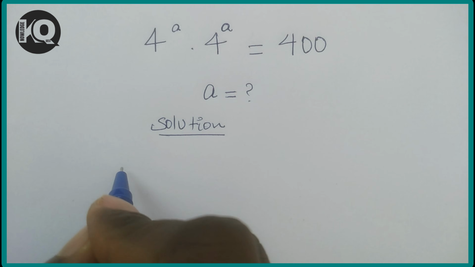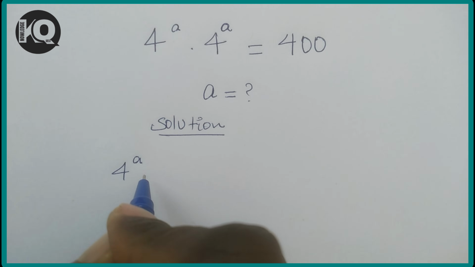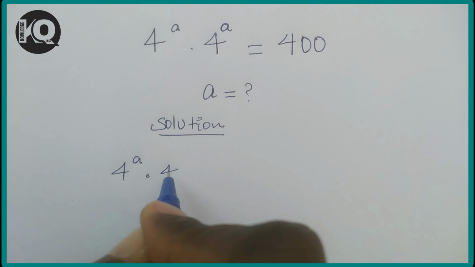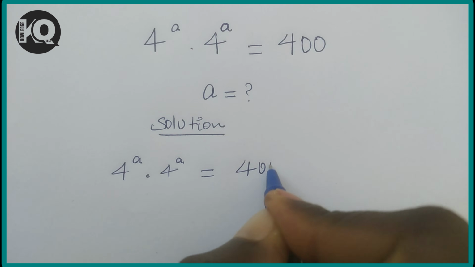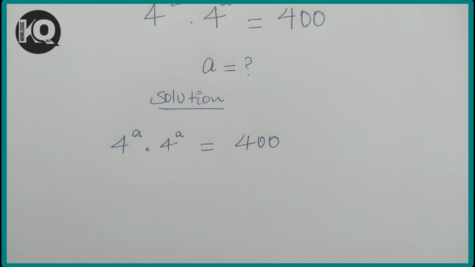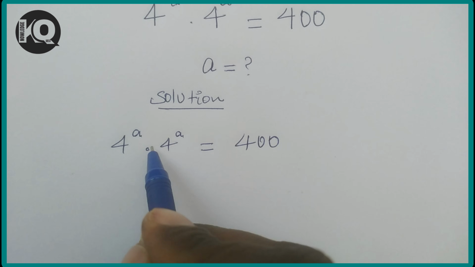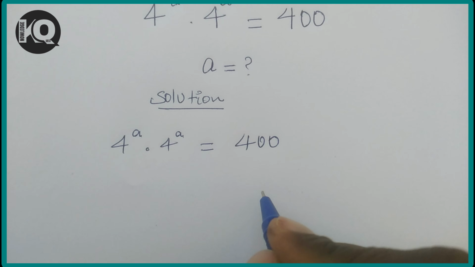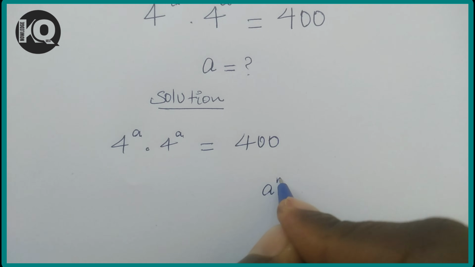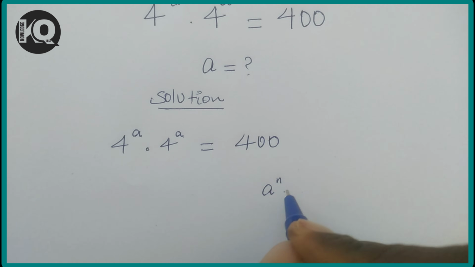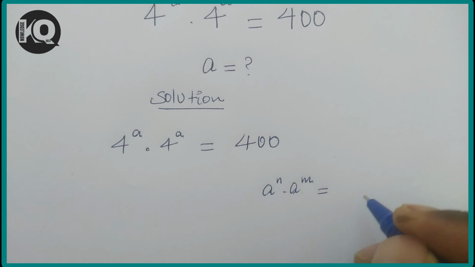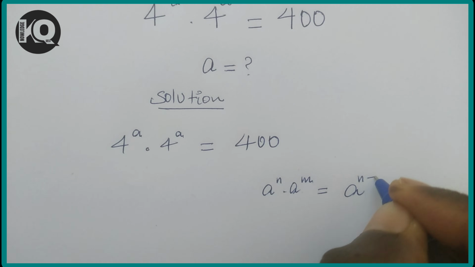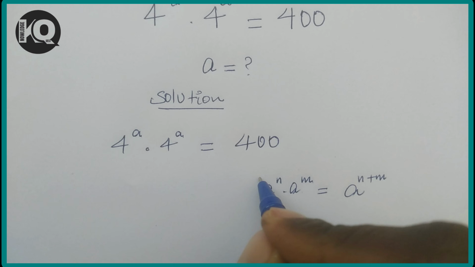So 4 power of a times 4 power of a is equal to 400. From this equation, this part is in the form of a power of n times a power of m is equal to a power of n plus m.